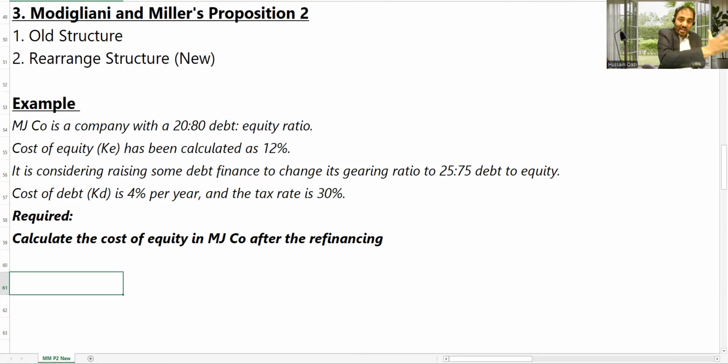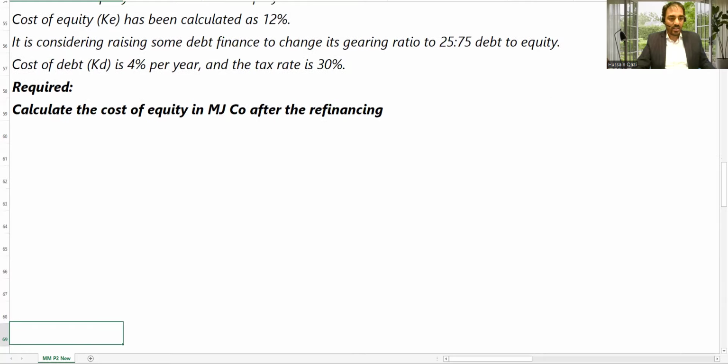And then incorporate the 25% debt and 75% equity. So we will practice both things: the calculation of MM Proposition 2 for K ungeared and K geared, with the old structure and with the new structure as well. That is the layout or mechanism I will perform here.